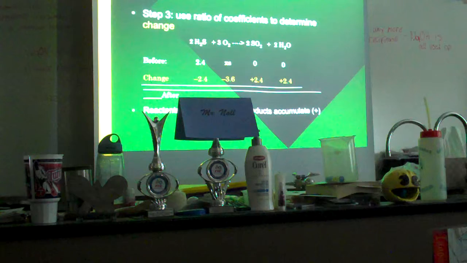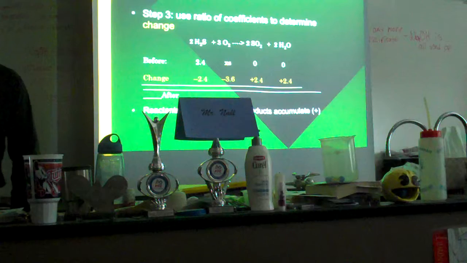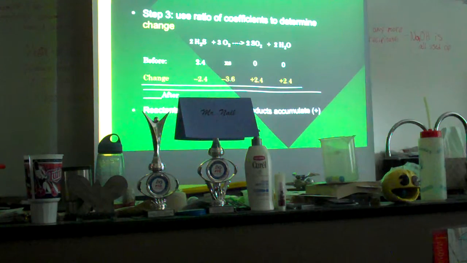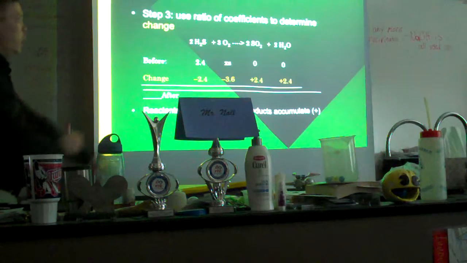Step 3. So now what we can do is use these coefficients as ratios to figure out how many moles of oxygen gas we need to react with the hydrogen sulfide, and how many moles of sulfur dioxide and water we should be gaining.